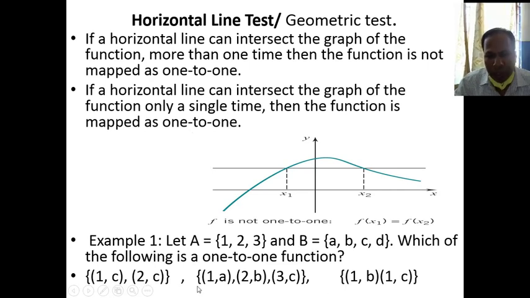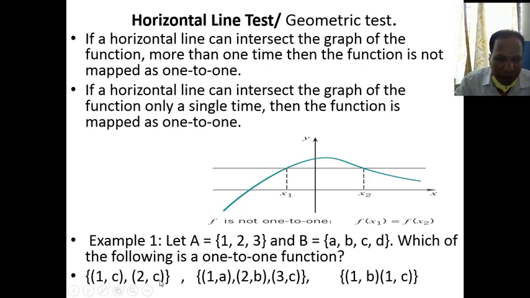We know a relation becomes a function if it is not one-many, that means no element can have more than one image. So this relation is not a function because 1 has the image b and again 1 has the image c. So element 1 has more than one image, so it is not a function.